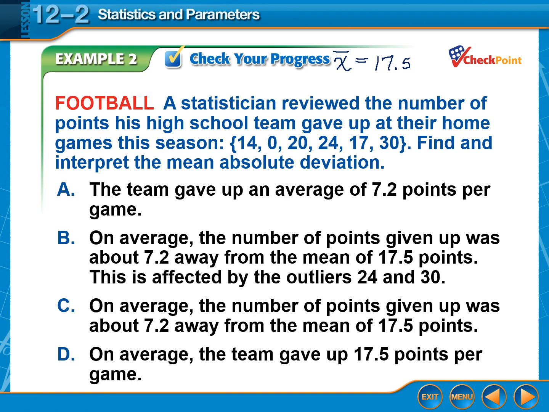So what I'll do is I'll just line the top with those differences, okay? All right, so 17.5 minus 14, that equals 3.5, so I'm gonna write 3.5 right here. That's the first one, okay? And then I'm gonna say 17.5 minus 0. That's 17.5, right?